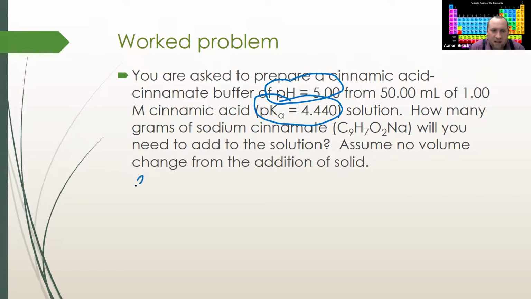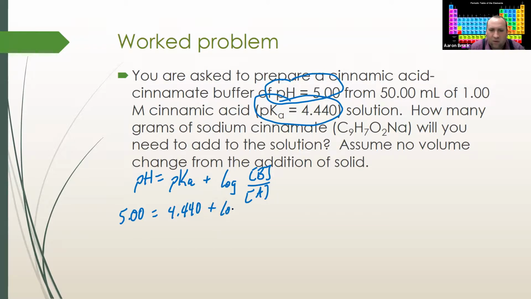So from the Henderson-Hasselbalch equation standpoint, those are 2 of the key components right there. I know the pH, 5.00. I know the pKa, 4.440. The thing I don't know yet is this ratio of acid and base.